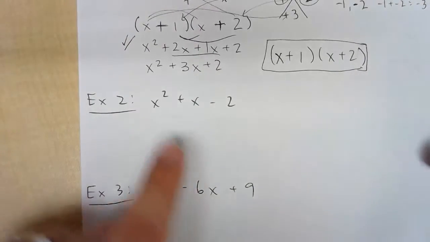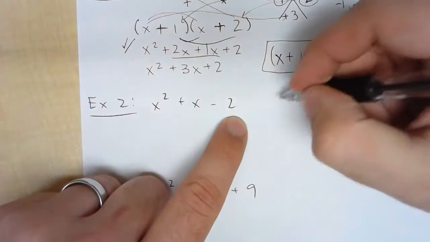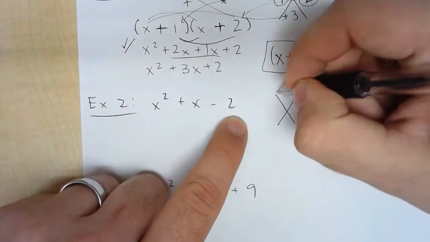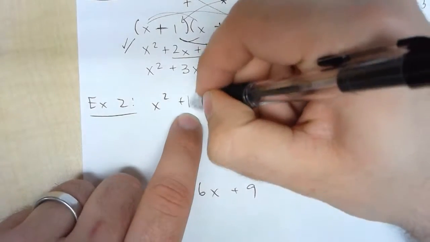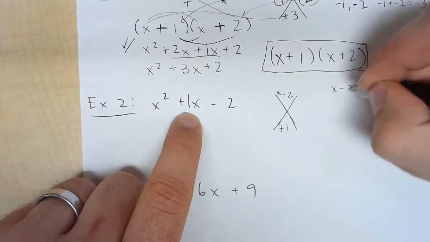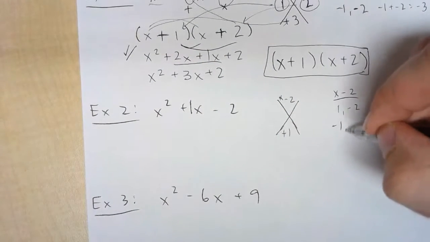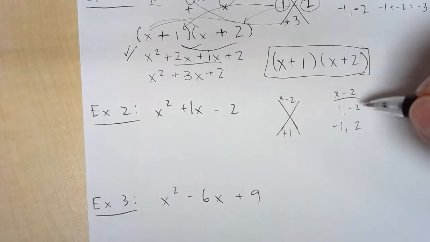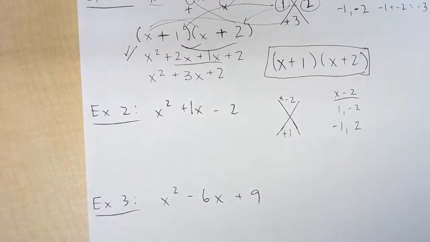So my example now is x squared plus x minus 2. So it looks like, make my x first. I need to multiply to be negative 2 and add to be, don't forget there's a 1 in front of this x, add to be 1. So my numbers that multiply to be negative 2 are 1 and negative 2, and then of course negative 1 and positive 2. Negative times a positive is always going to give us a negative, so don't forget to write both of these versions.